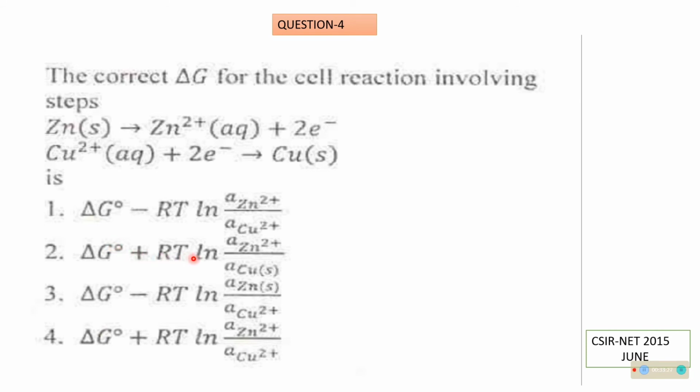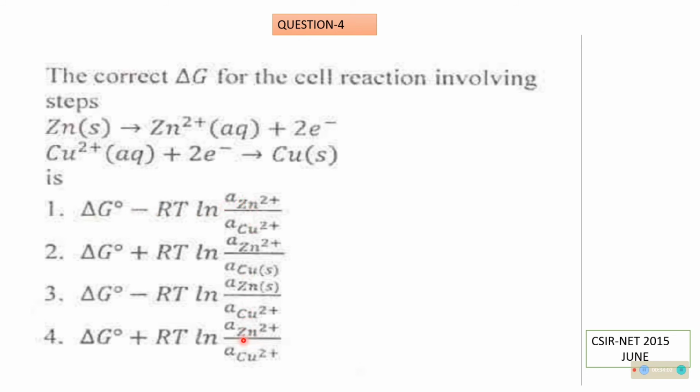So option 4 is correct. In the options with a minus sign, the solid remains, but the copper solid or zinc solid should be unity, meaning 1. So these are not the correct options. If it is minus, then it should be ln copper 2+ by Zn2+.